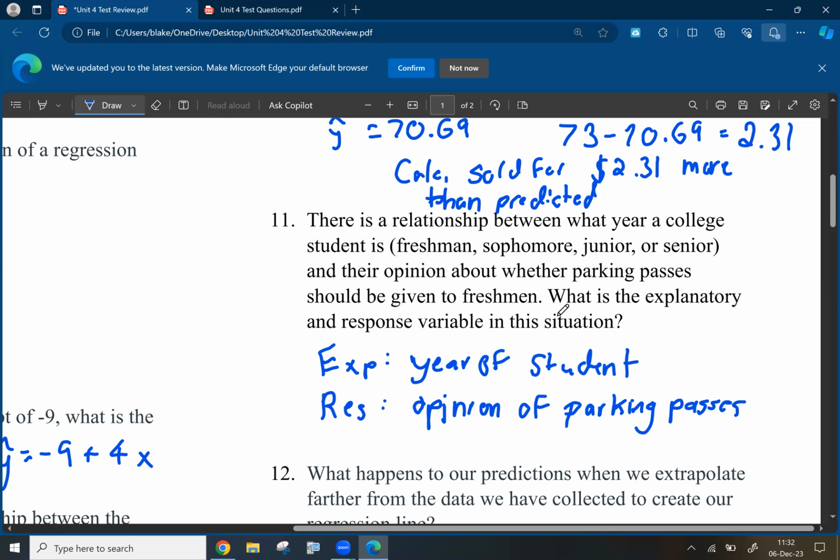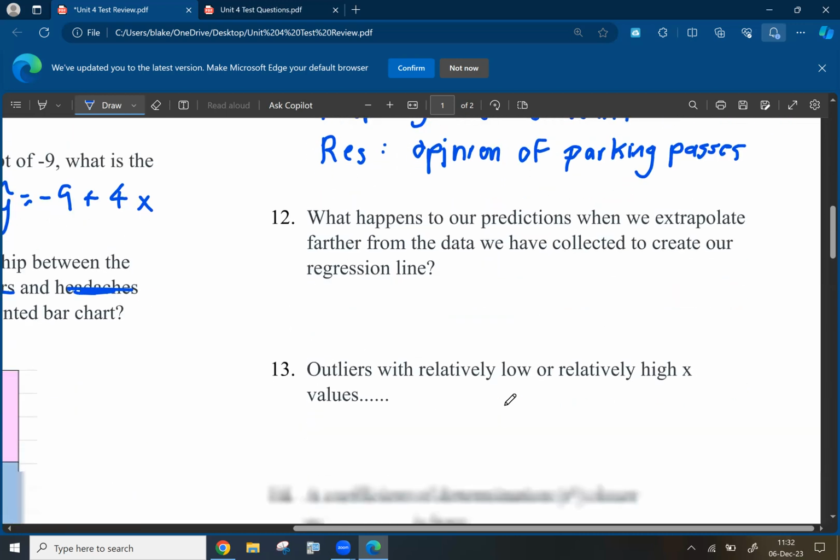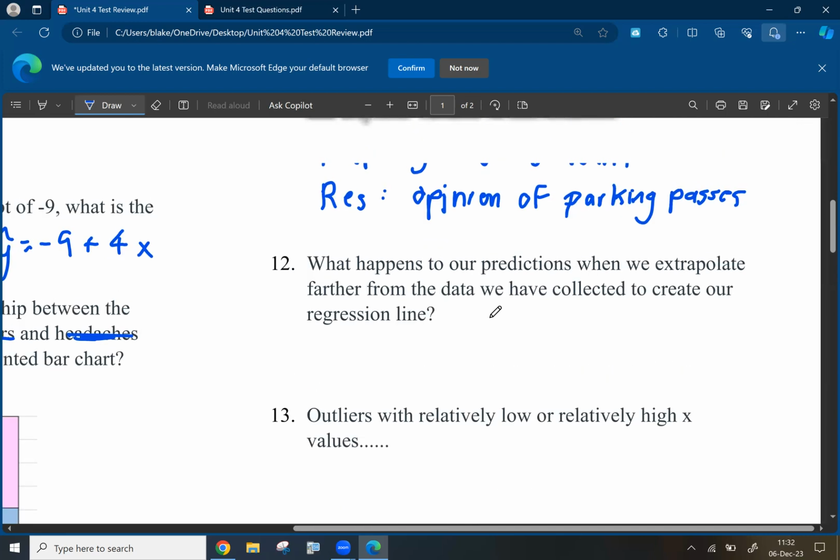So the idea is that the opinion of their parking pass situation depends on what year the student is in. So what year they are can help us predict what their opinion on parking passes is. All right, that is that.